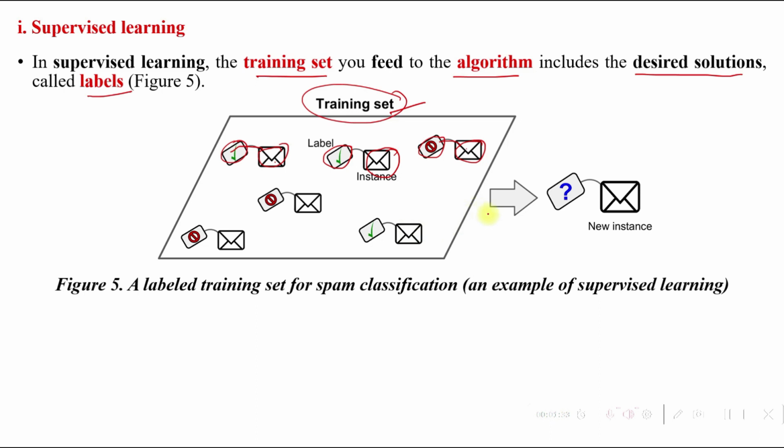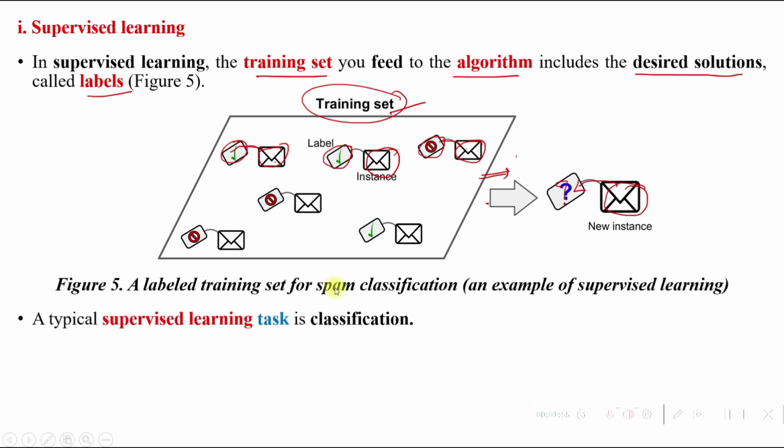Now based on this information our machine is going to train, and whenever we give a new instance to our system, it automatically classifies it and gives the corresponding class label. This type of thing is called a supervised learning system.